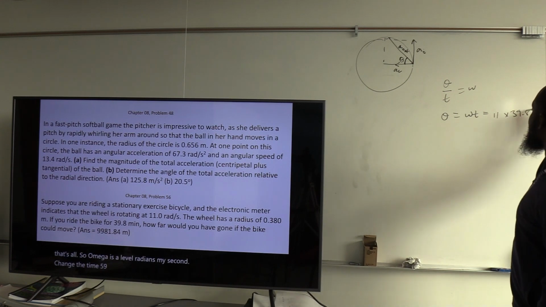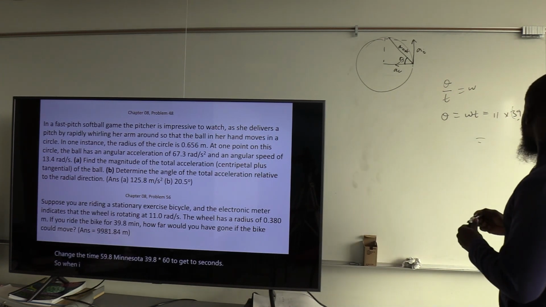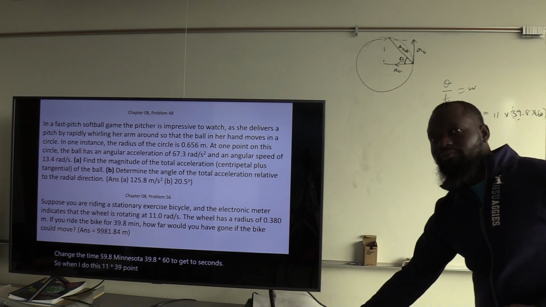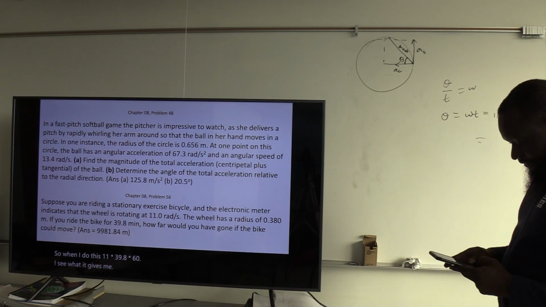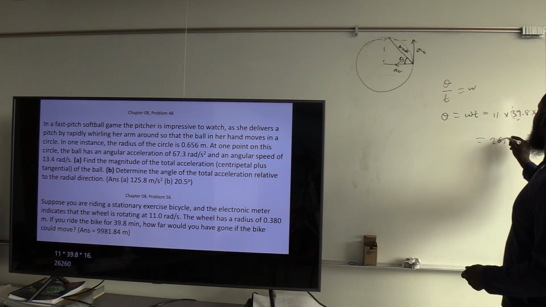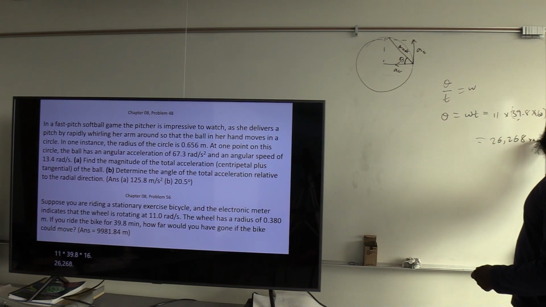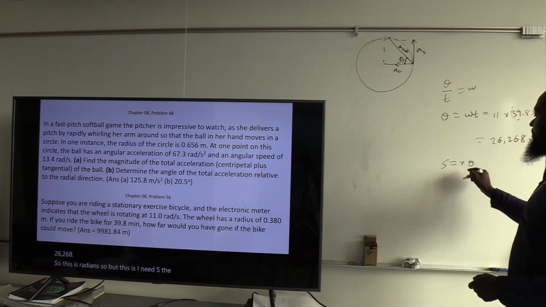So that's 39.8 times 60 to get to seconds. So when I do 11 times 39.8 times 60, let's see what it gives me. 26,268. So this is radians. But I need S, the distance, the linear displacement corresponding to this many radians.